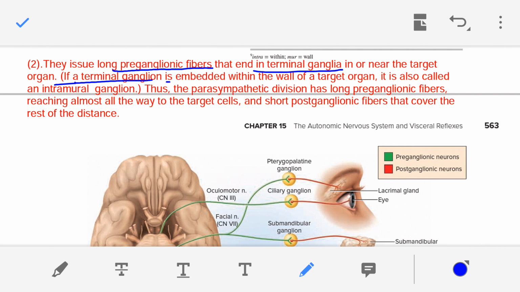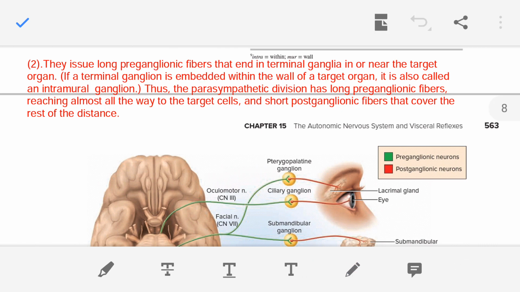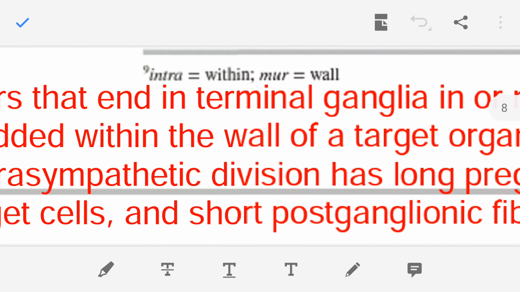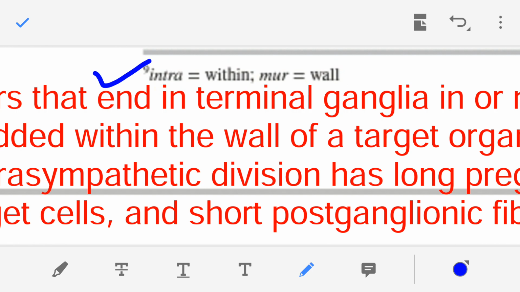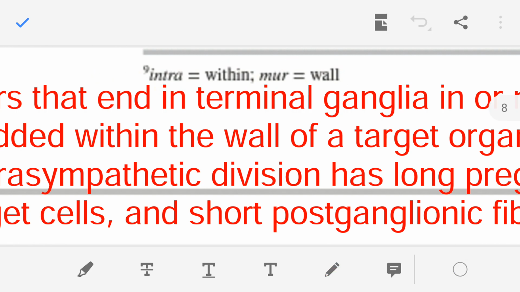If these ganglia are embedded in the wall of the target organ, that is, located inside the wall of the target organ, then these terminal ganglia are known as intramural ganglion, where intra means within, and mural means wall.